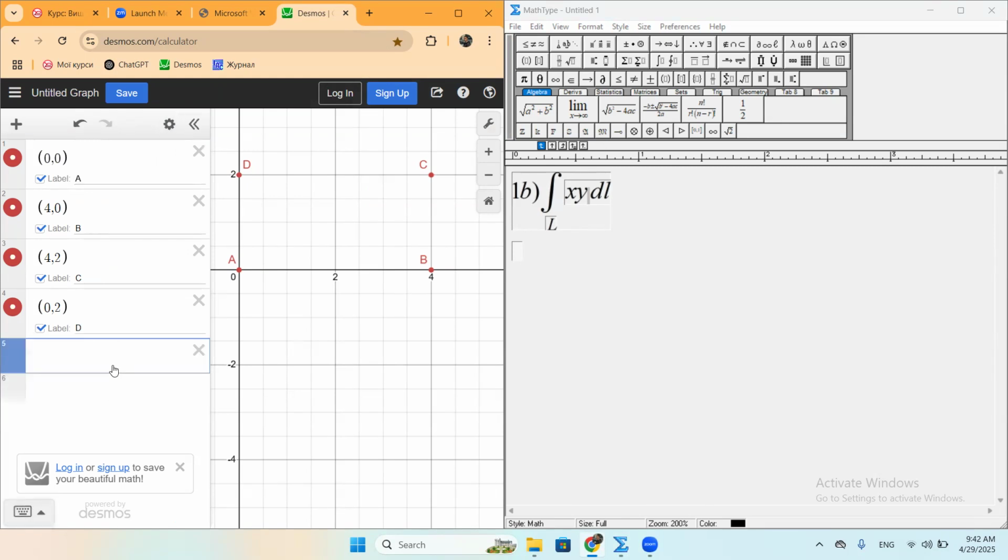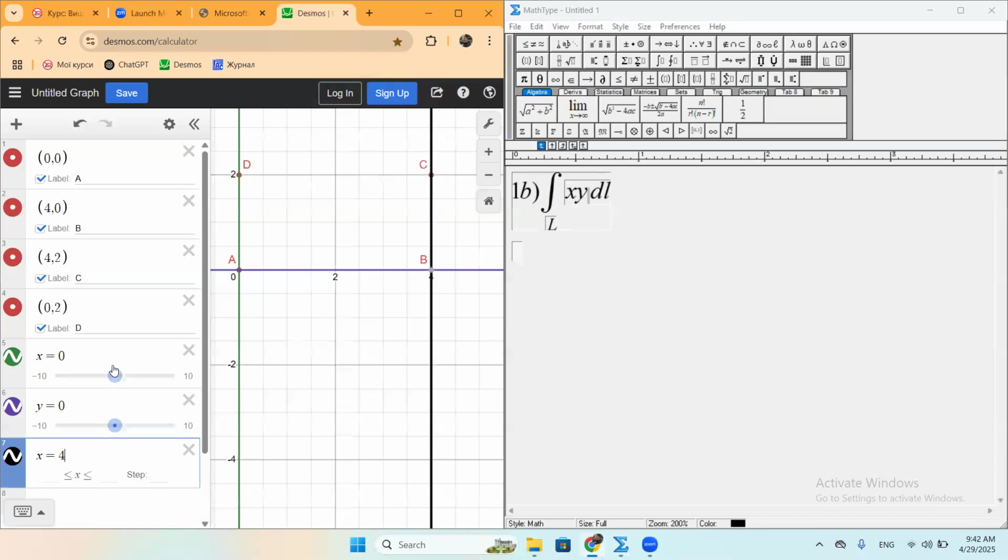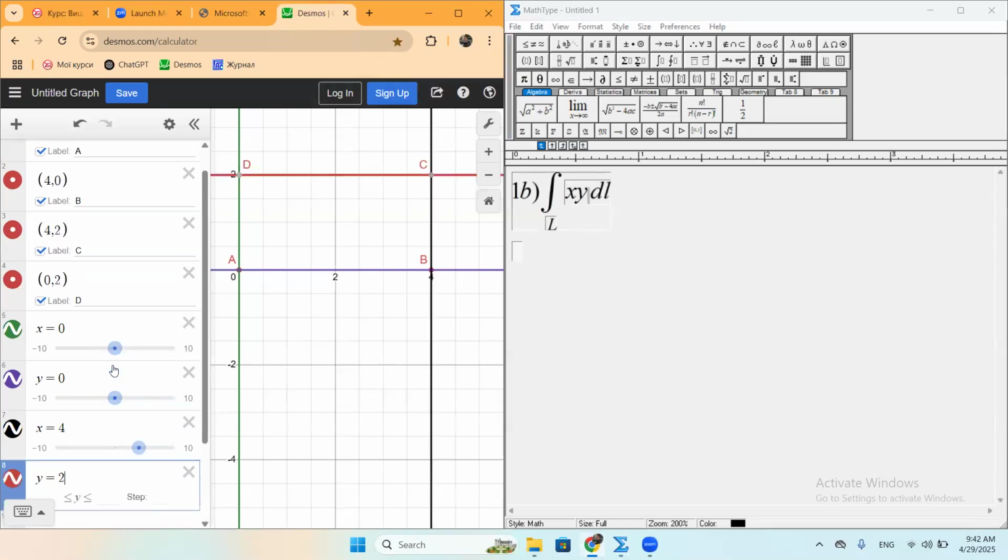And also let's plot straight lines: x equals 0, y equals 0, x equals 4, y equals 2.